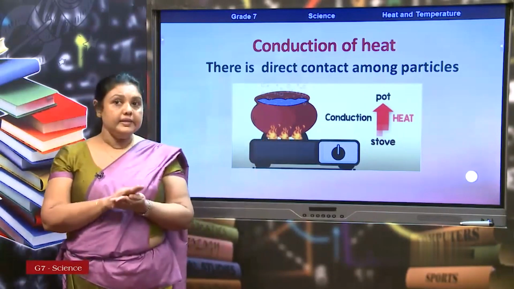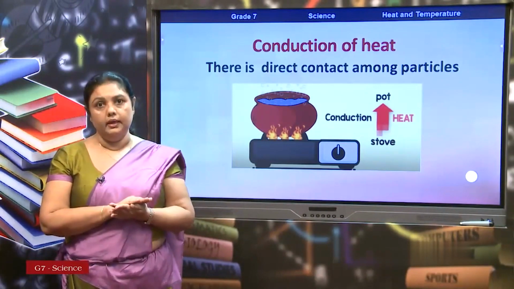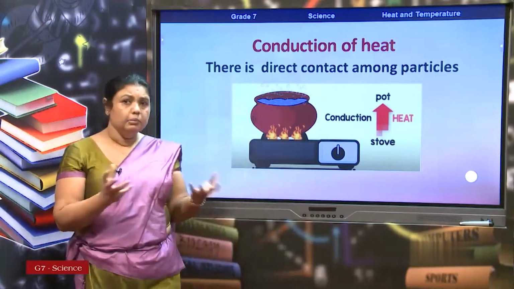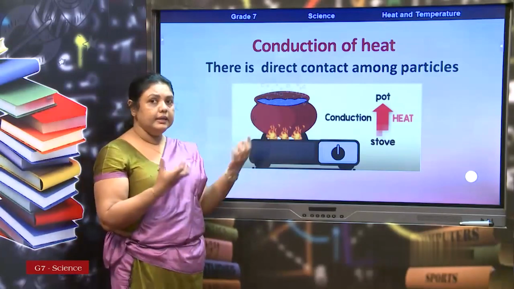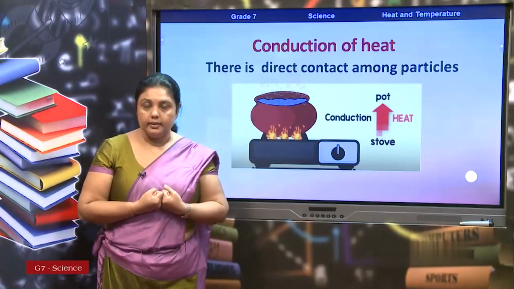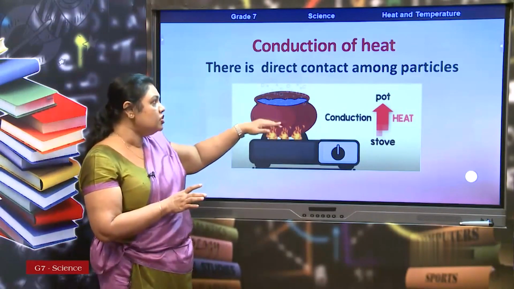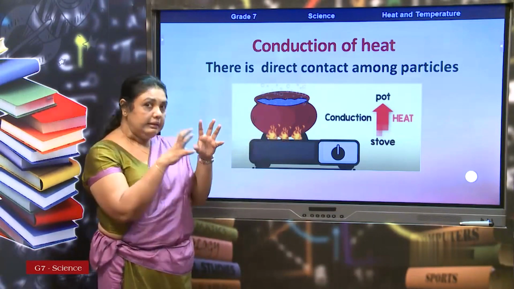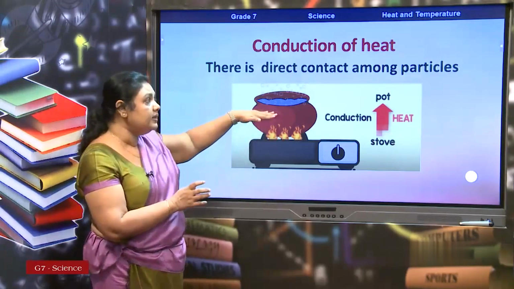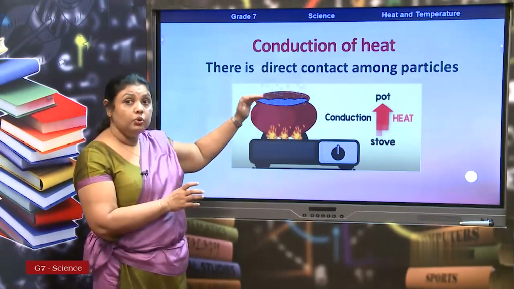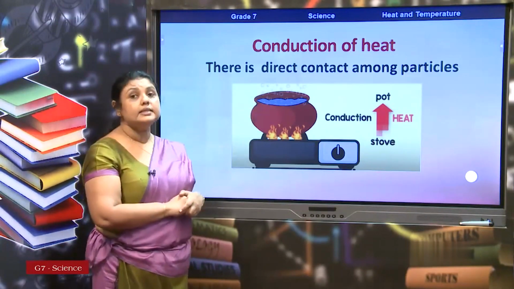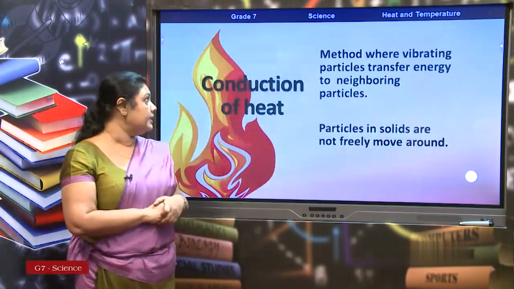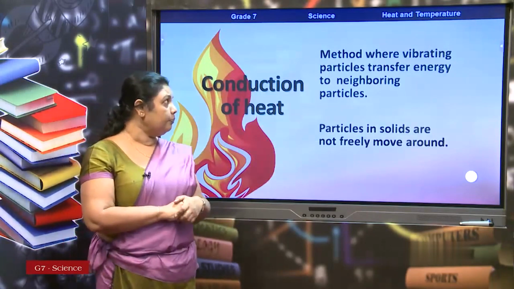The pot is made of a material, it can be aluminium, clay, any material. That material absorbs heat, and that heat passes to our water. When it passes from one to the other in contact, that is conduction. Further, we will see what this conduction of heat is.